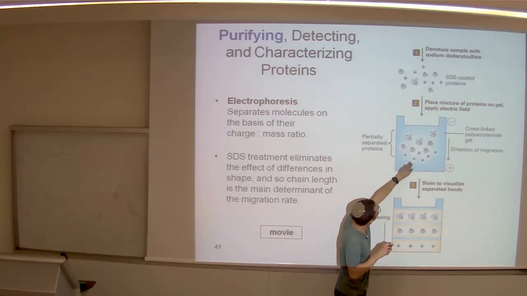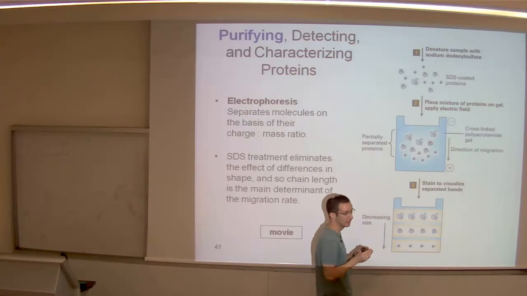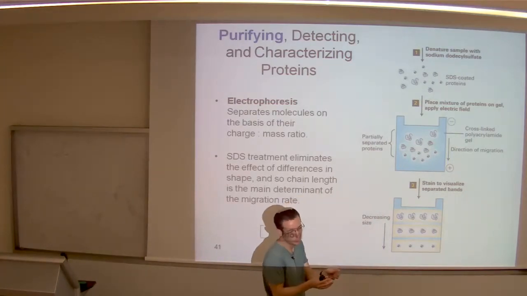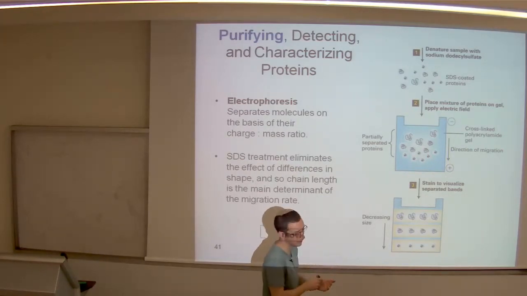The SDS treatment denatured the proteins, meaning that it destroyed any tertiary and secondary structures. Each protein is now only left with its sequence of amino acids, its primary structure. Each protein is now just a snake that snakes through the polyacrylamide gel.